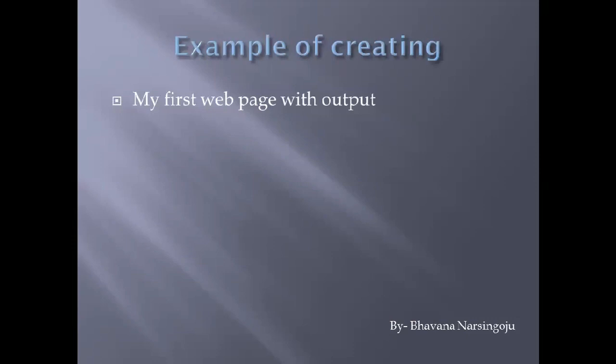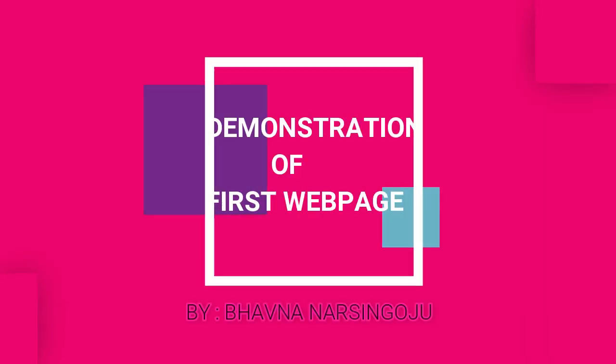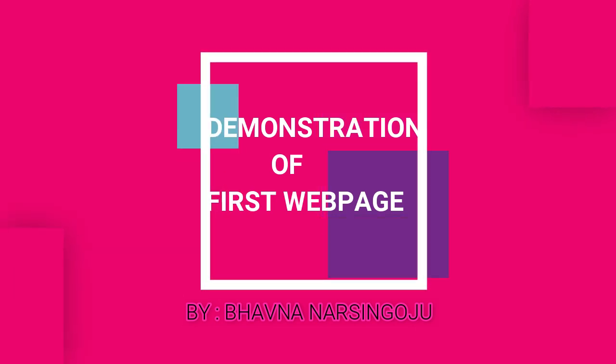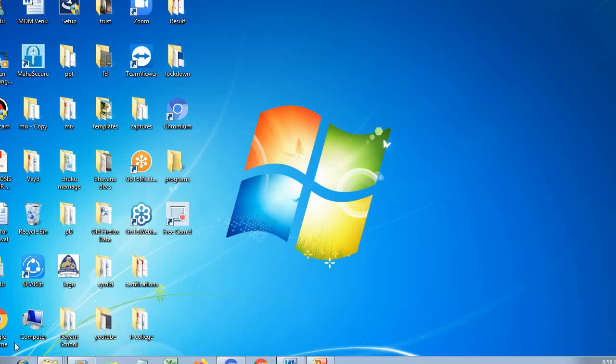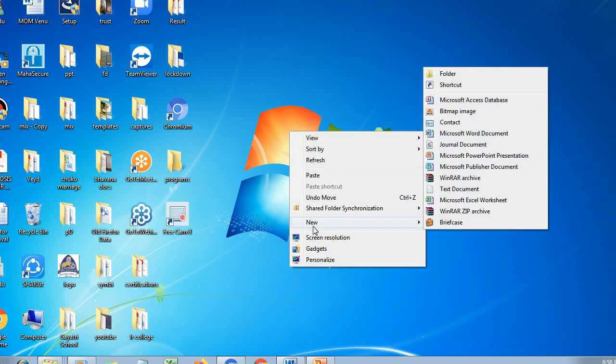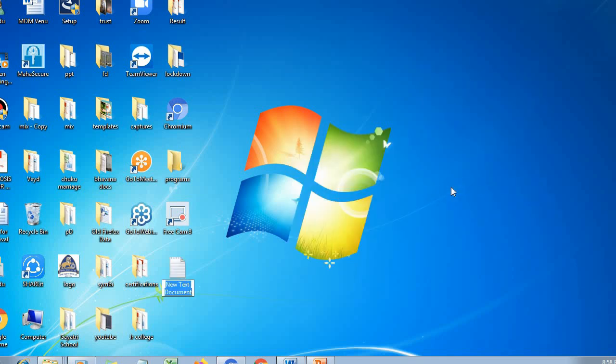Let's move ahead and check how we can create your first page, that is, my first web page. For the demonstration of your first web page, you have to use a text document.